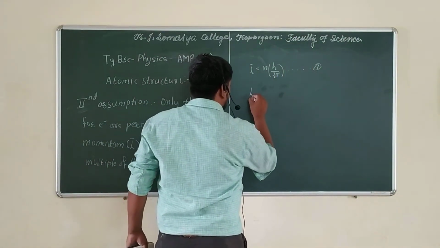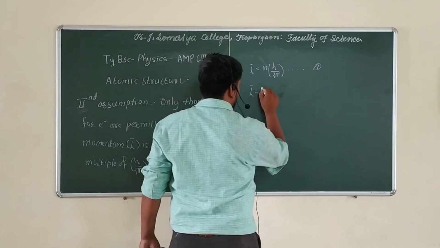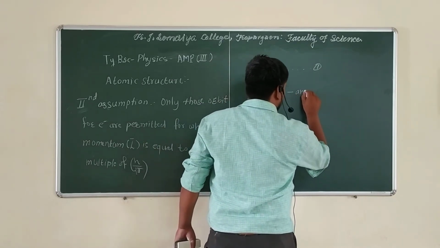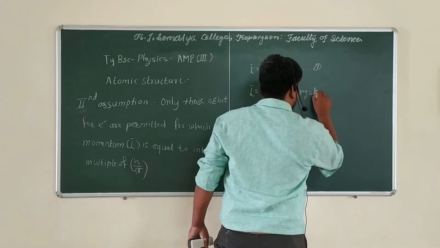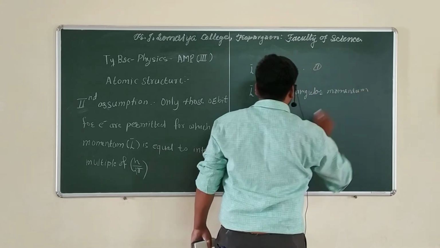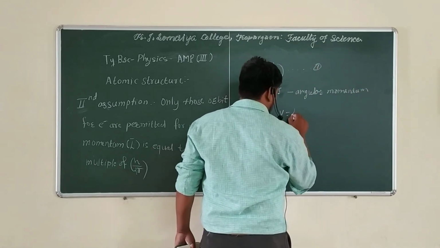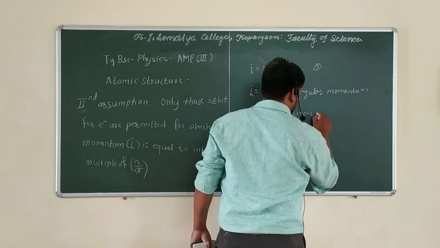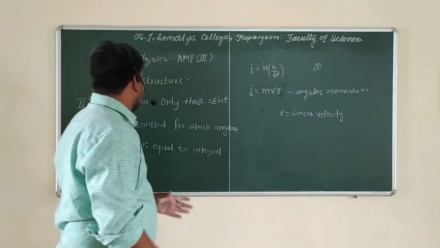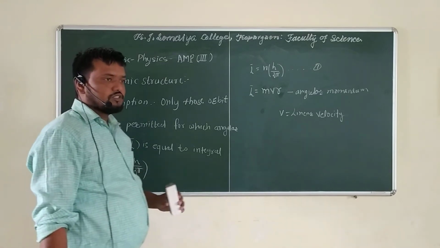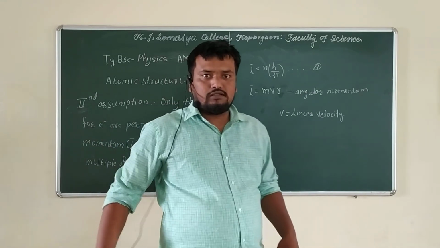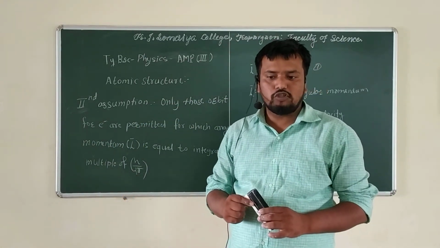Also, from the last of the first Bohr assumption, the velocity of the electron is v equal to e square upon 4 pi epsilon naught r.